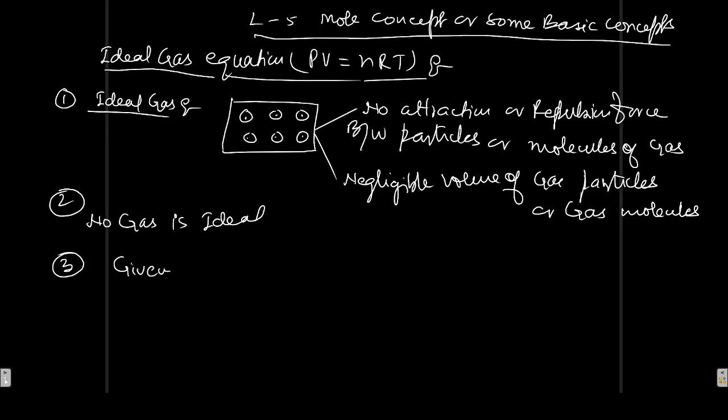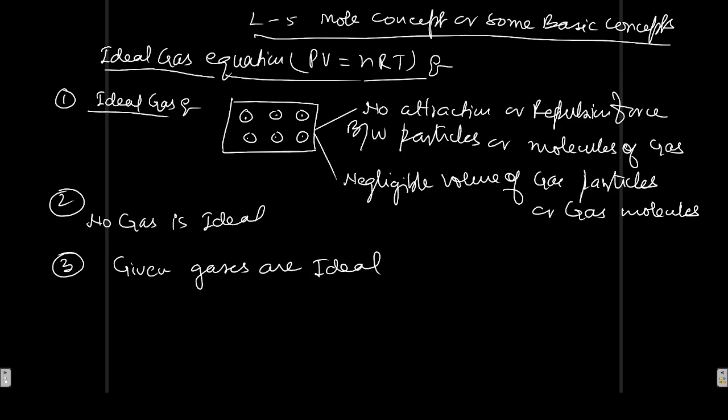We have to treat each and every given gas as ideal for the simplification of our calculations. Until it is particularly stated that a gas is non-ideal, you will take all the given gases as ideal.